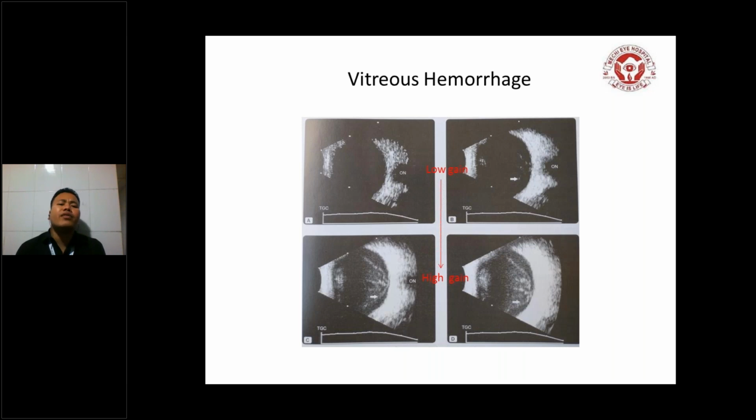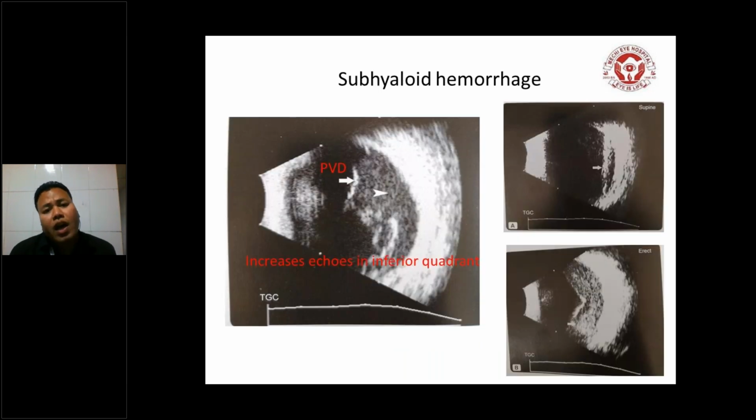Similarly, in subhyaloid hemorrhage, you can see here band-like low reflective echoes just anterior to the pole, and we can do a scan in both supine and erect position also.